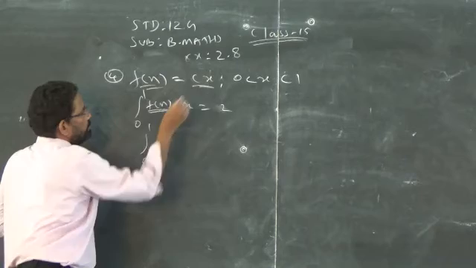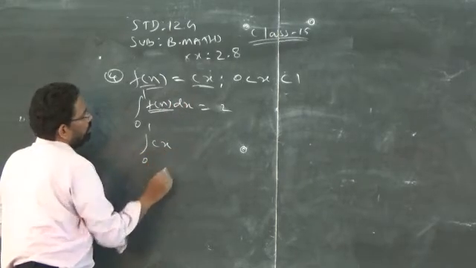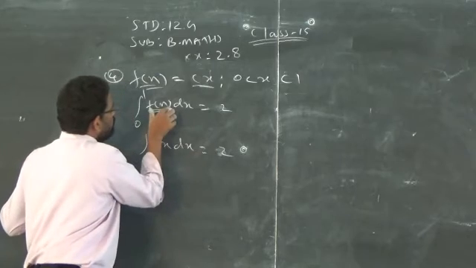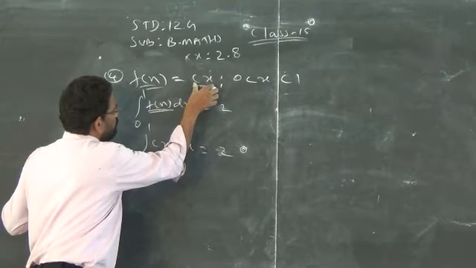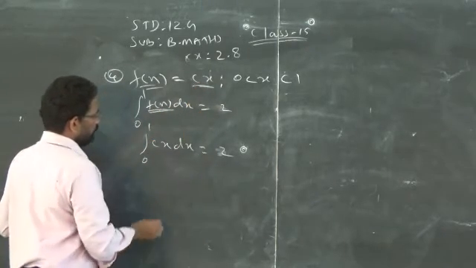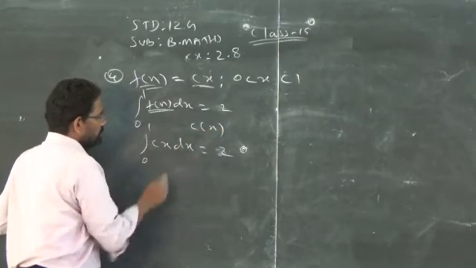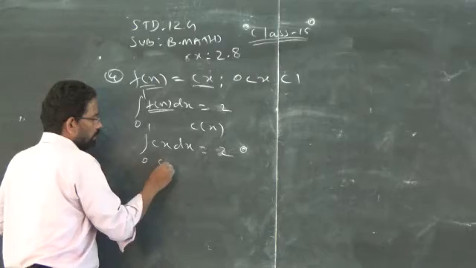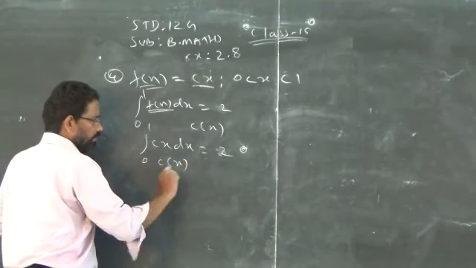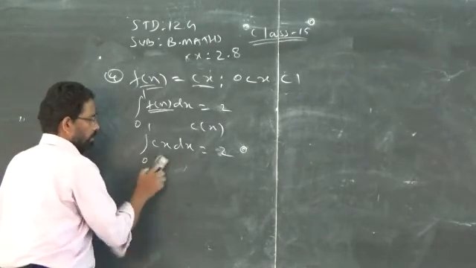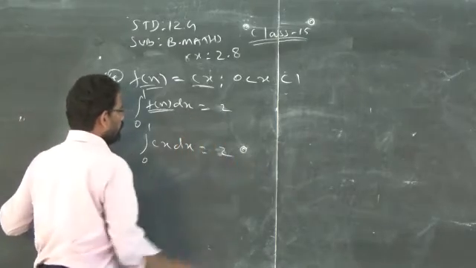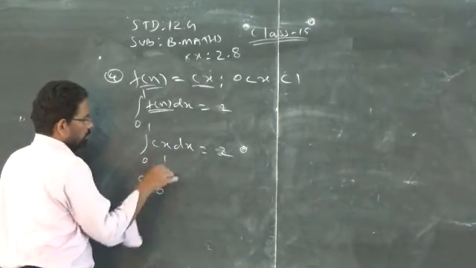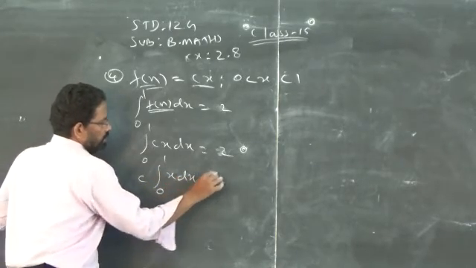You replace f of x by c x, so the integral from 0 to 1 of c x dx is equal to 2. Just I am replacing f of x by c into x, not c of x. Don't think that it is c of x; that has a totally different meaning. This is c into x. Now c is a constant, so c times the integral from 0 to 1 of x dx is equal to 2.